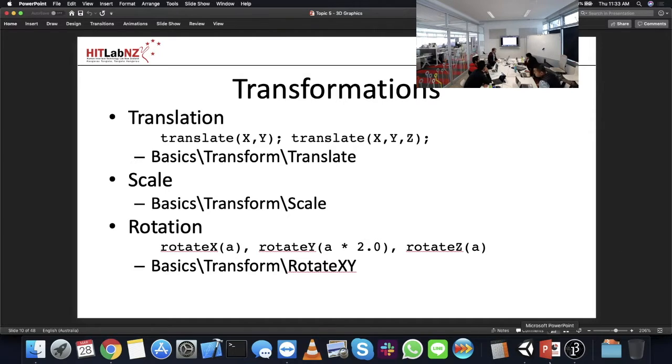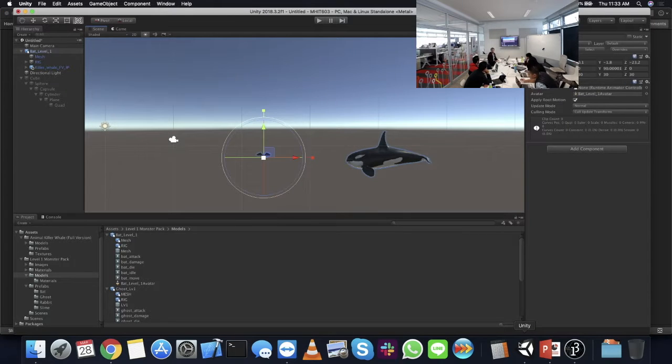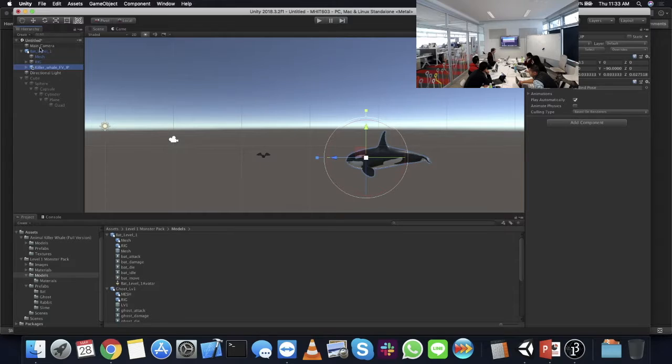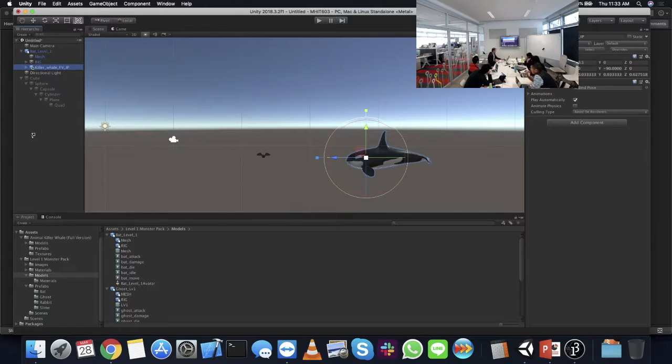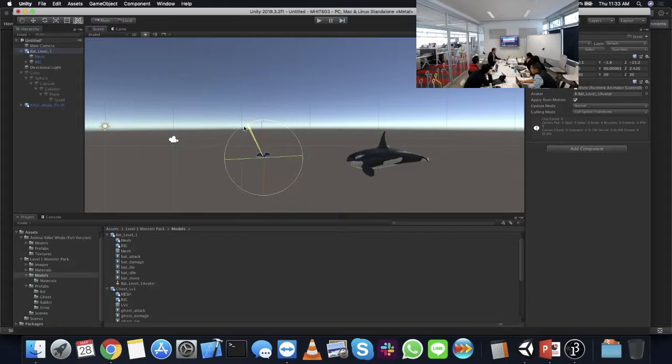The good thing about things like Unity, and why we decided to make the assignment in Unity this year, is that it's much easier to figure out why stuff isn't going right. If I wanted to rotate the bat by 90 degrees but still have the killer whale where he was before, I can just make him not a child, rotate the bat 90 degrees, and now he's 0.5 units from that position.